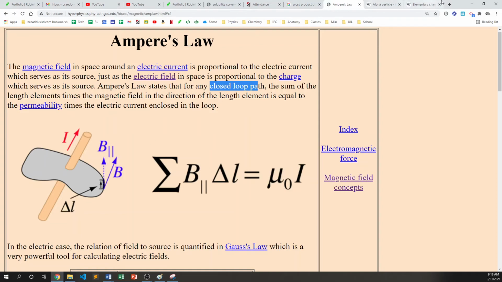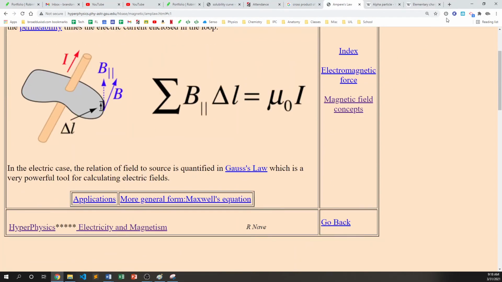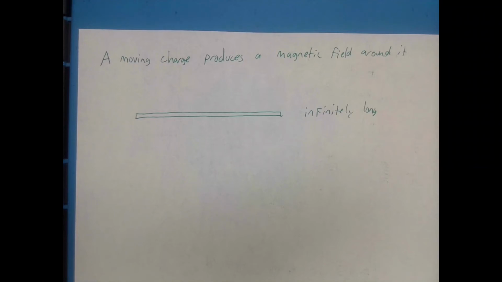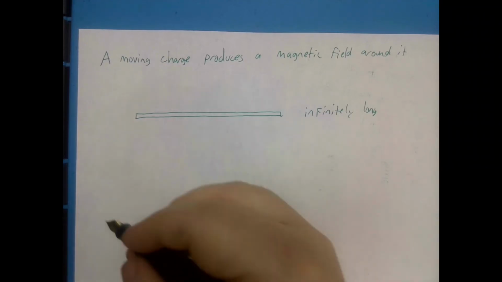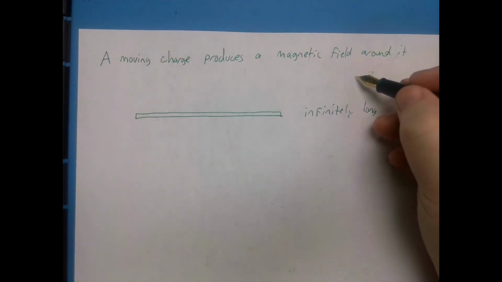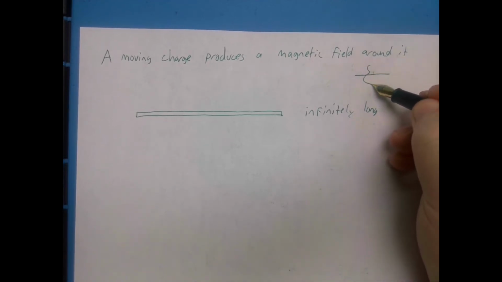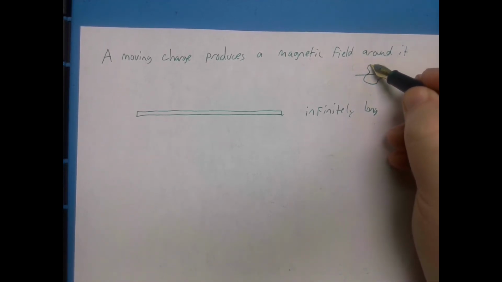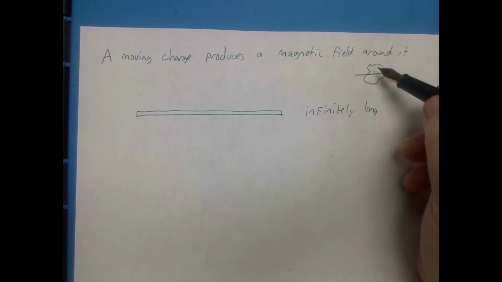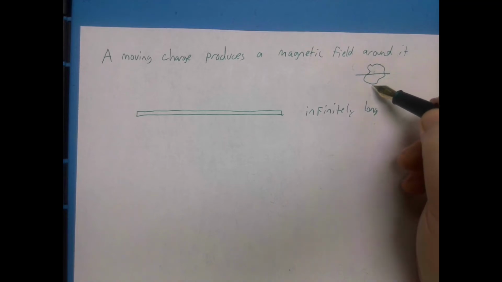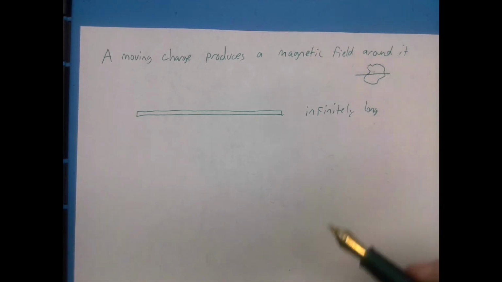So basically what this all states is if you have some charges moving along a wire and you randomly draw some sort of closed loop around it, and you were to sum up an infinite number of spots around this loop, then the sum is going to equal some permeability, blah, blah, blah.